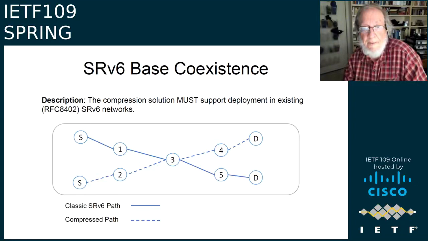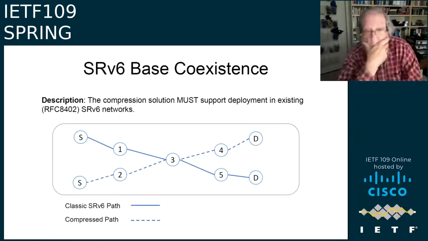Well, this is Darren. If it's okay, I can answer this one. Wei Cheng, is that okay? Go. Oh, thank you. In this picture, you're seeing 2 SR paths. One of them is depicted by solid lines.